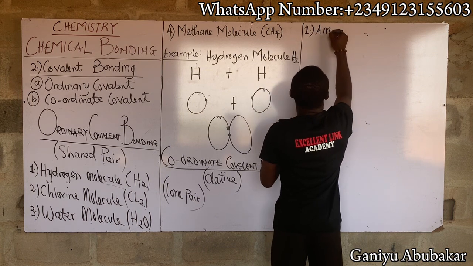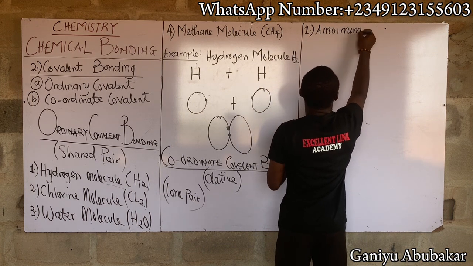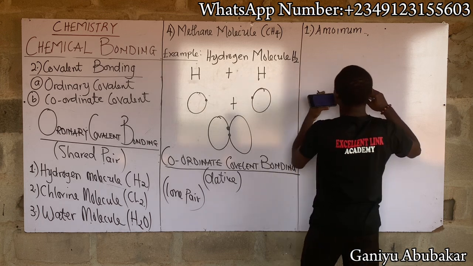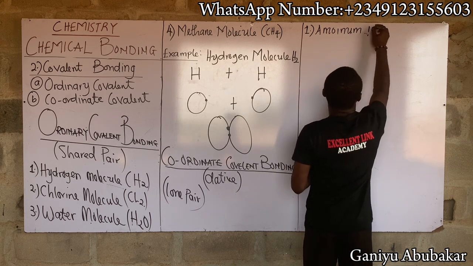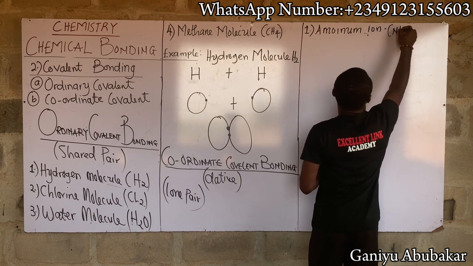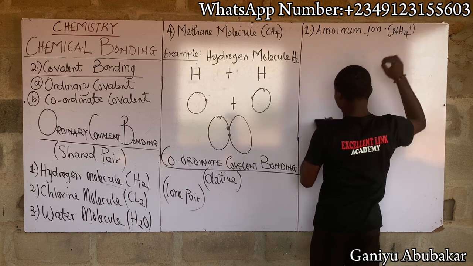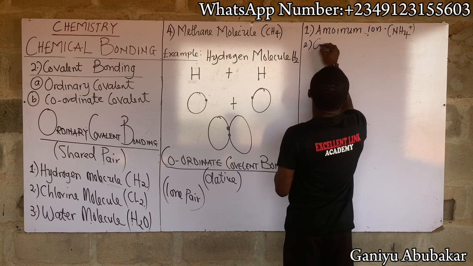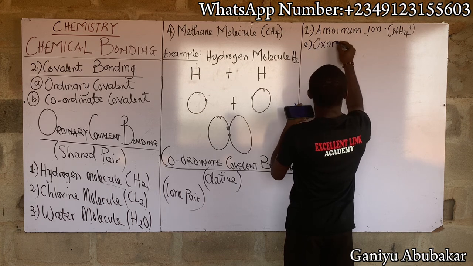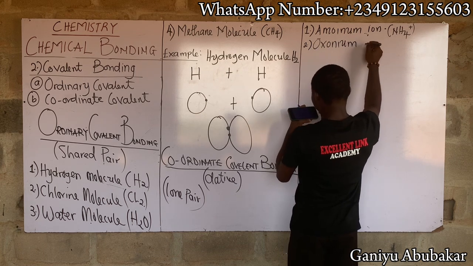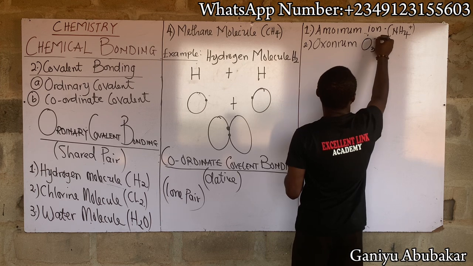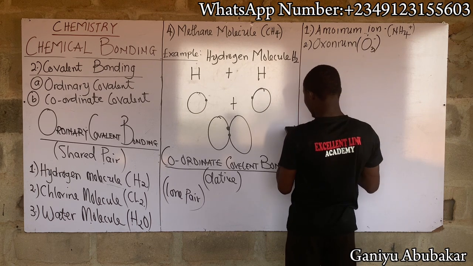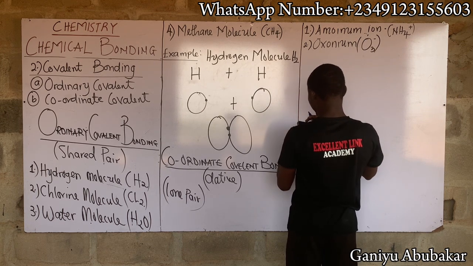Examples include: number one, ammonium ion, that's NH4 plus. Number two, oxonium ion, that's H3O plus.